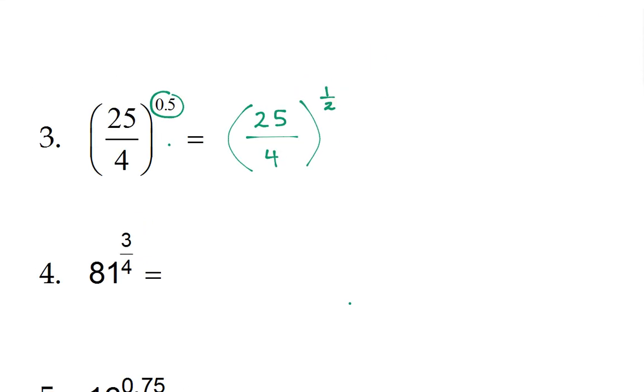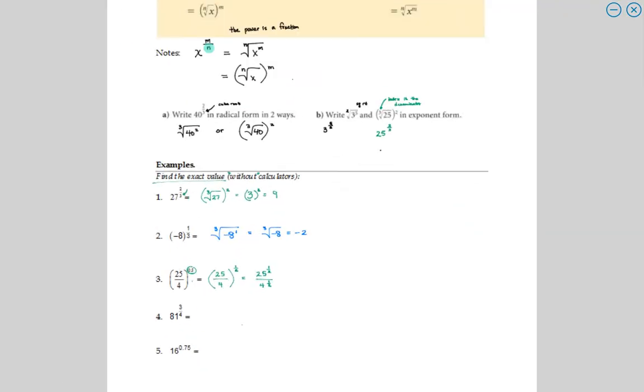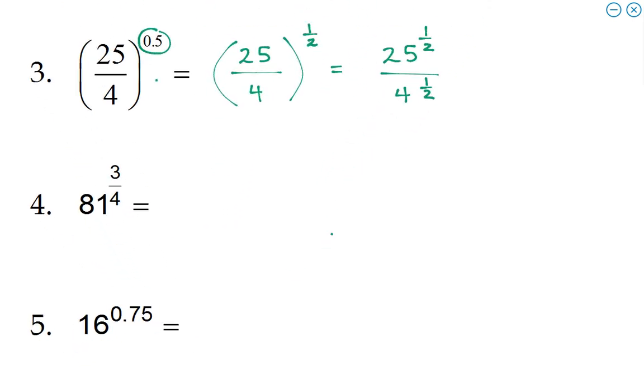So we have to go back to that exponent rule that says if you have a quotient to a power, you have to put that power on both. So this is going to be 25 to the 1/2 and 4 to the 1/2. It's on the previous page, so I don't want to flip back, but that is from the previous page on a chart.